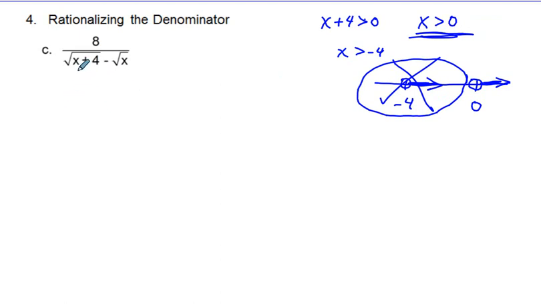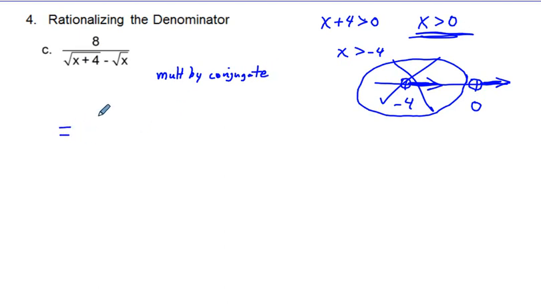Okay, what we're going to do here is a strategy to rationalize. It's called multiply by the conjugate. It's something that you may not be too familiar with. I'm going to briefly explain what this is.